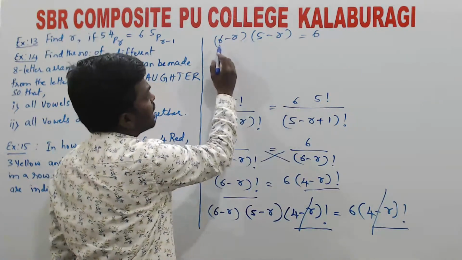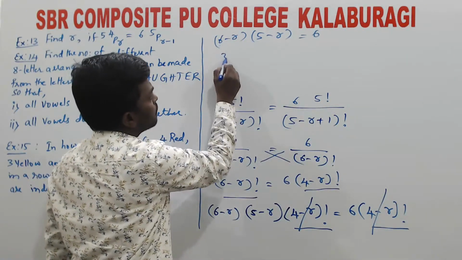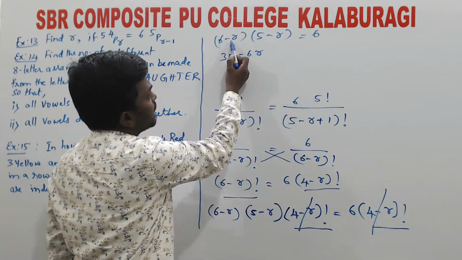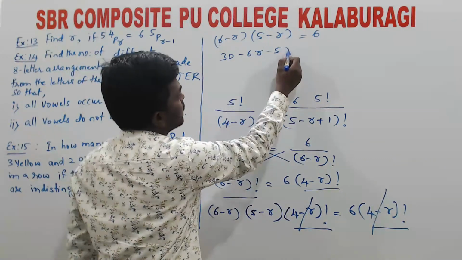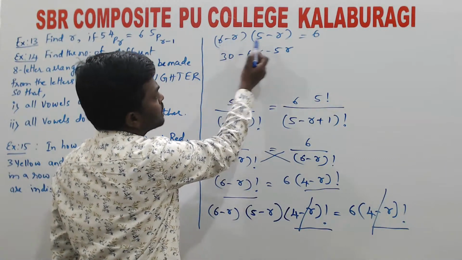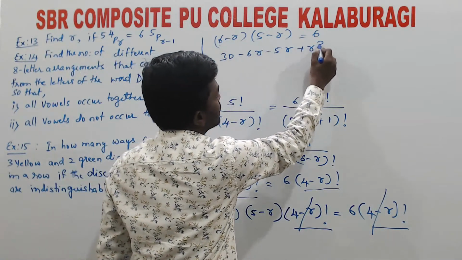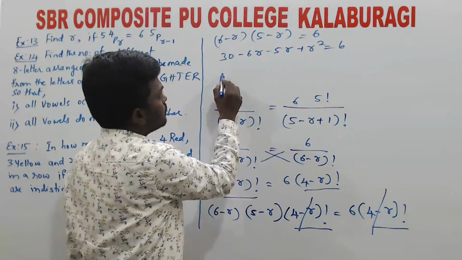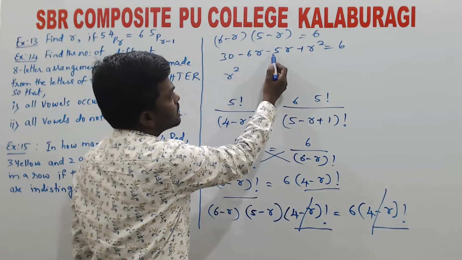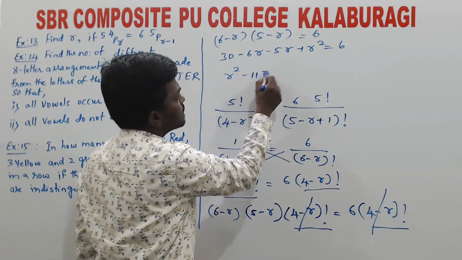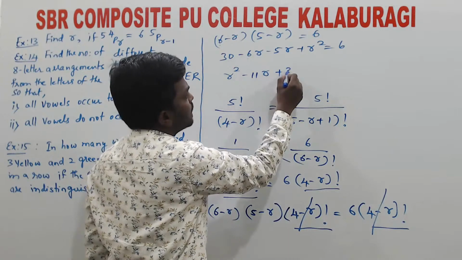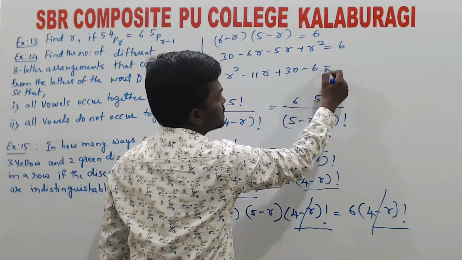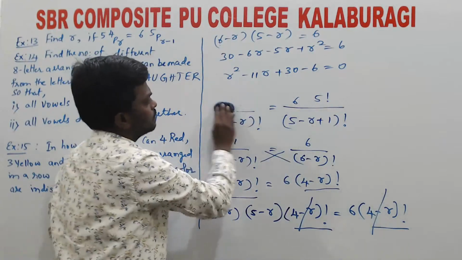Now just multiply these terms. 6 into 5, 30. 6 into minus r, minus 6r. Minus r into 5, minus 5r. Minus r into minus r, plus r square, is equal to 6. So now r square minus 5r minus 6r, that is minus 11r, plus 30 here. The 6 on the right hand side shifts to the left hand side, minus 6.